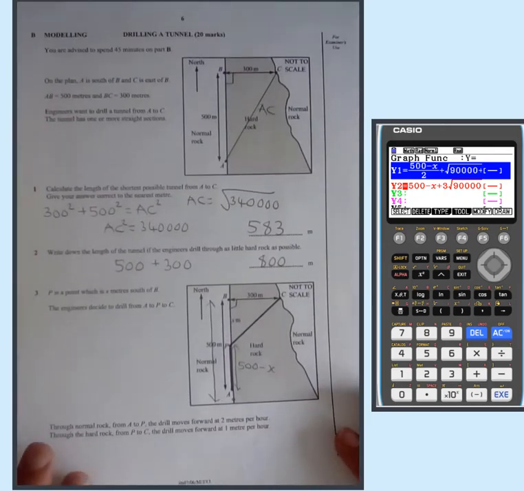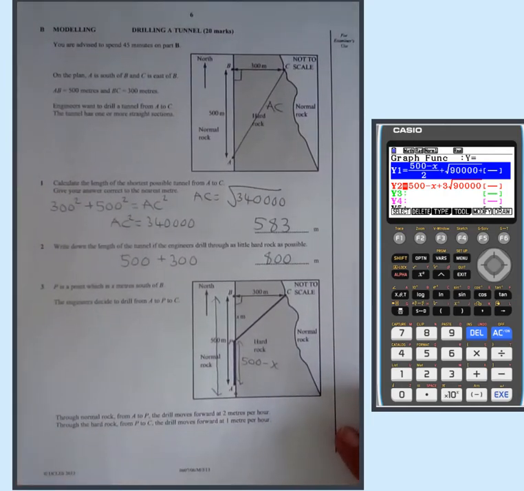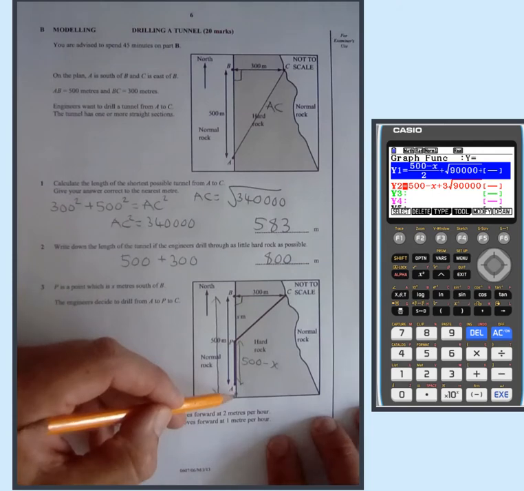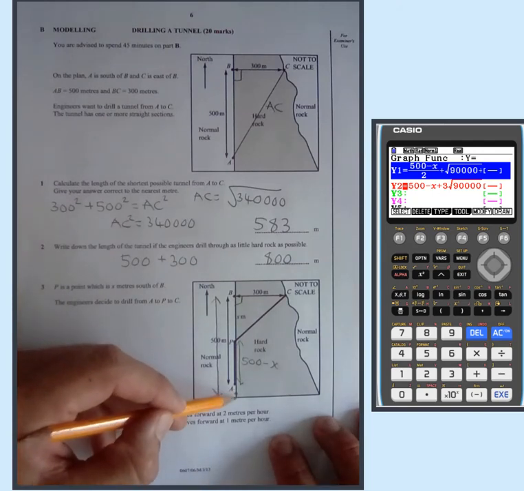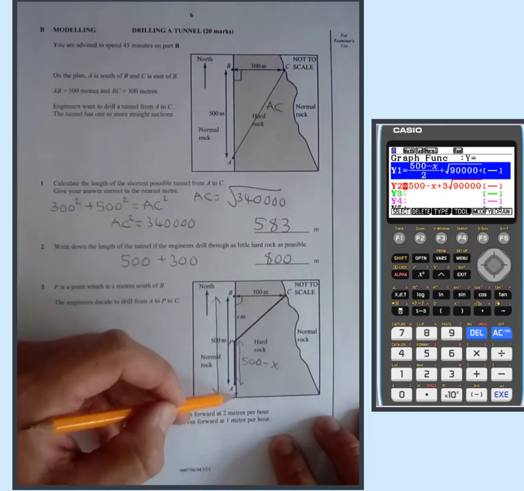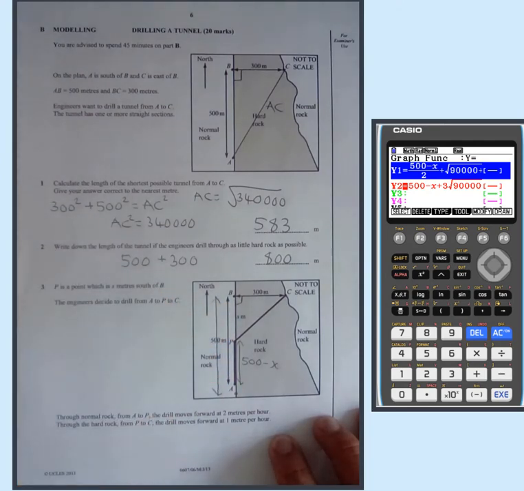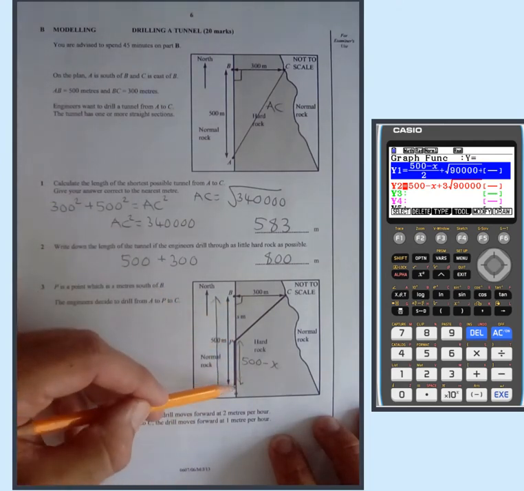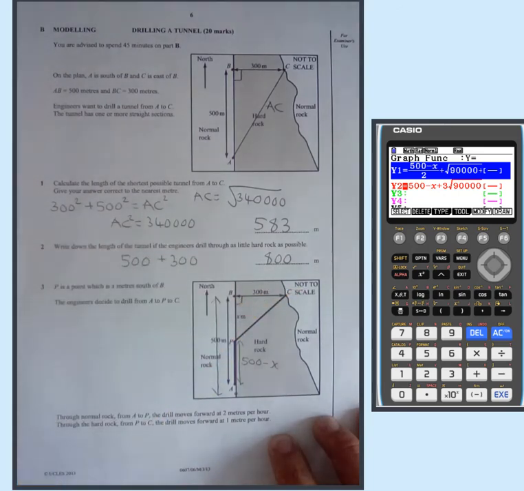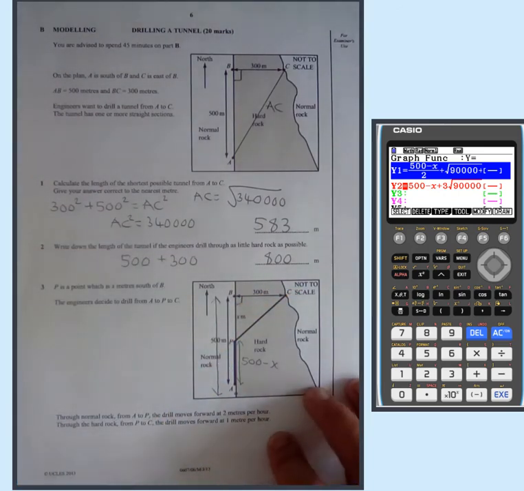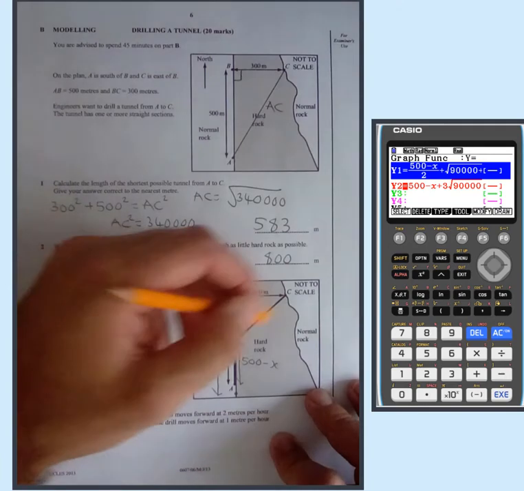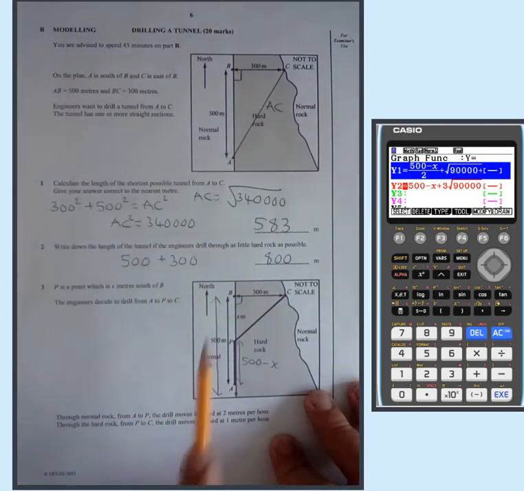So where the model came from, whatever they do here, we're still going to go to AP somewhere. You're still going to have a point where you stop going through normal rock and you go through hard rock. So if you think about this triangle here, well, this distance BC is still going to be 300.